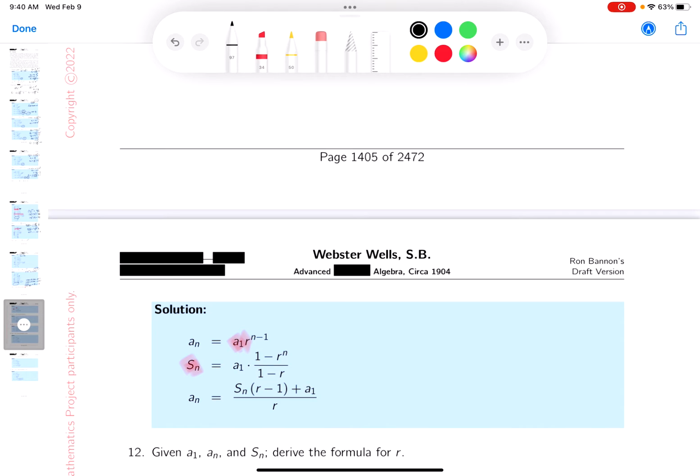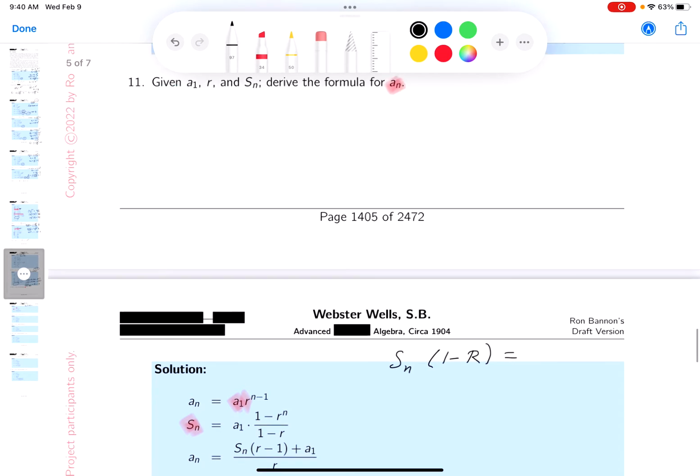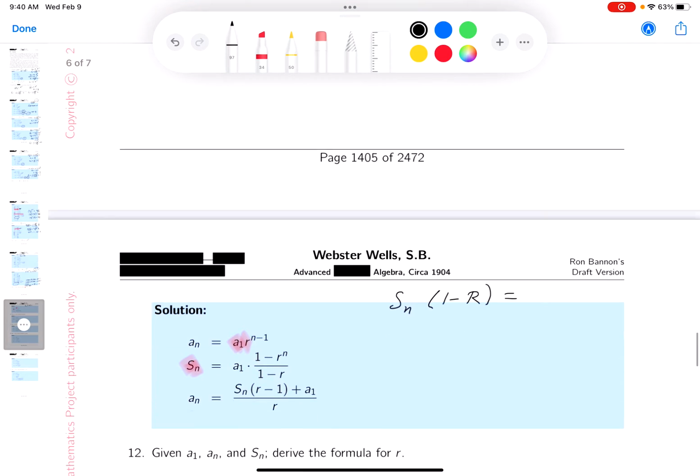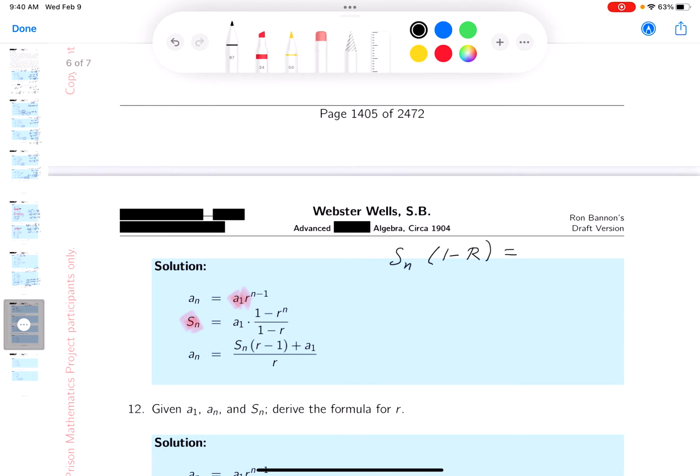So it's going to be Sn, which is a given, times 1 minus R. That's all given, by the way. R is given, Sn is given. If you don't remember that, look right up here. Sn and R given equals A1, that's a given, times 1 minus R to the n.